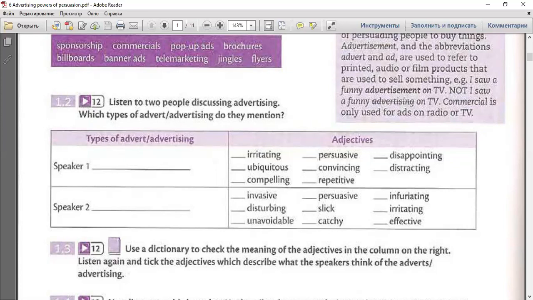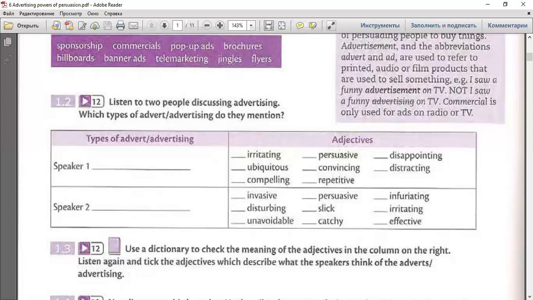Okay, so please type the 3 adjectives for speaker 1 and 3 adjectives for speaker 2. Okay, so speaker 1, that's irritating, right?